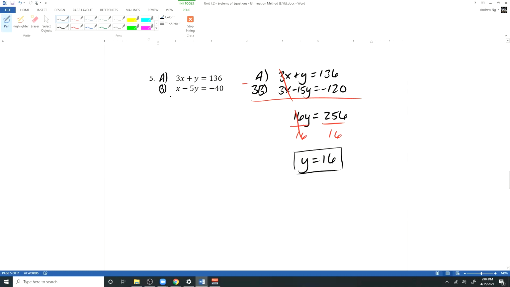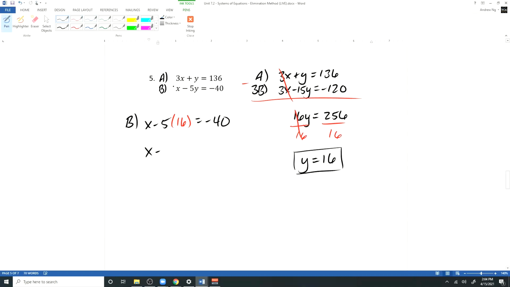Okay, so I think equation B has smaller numbers, therefore it might be a little bit easier. Let's plug that into equation B. X minus 5 times 16 is equal to negative 40.